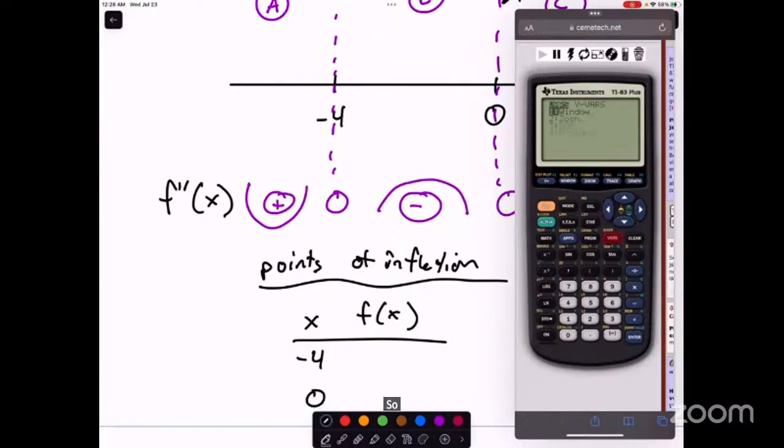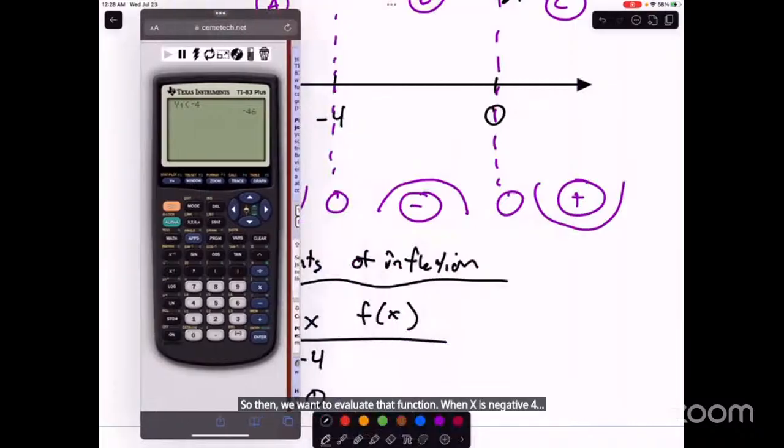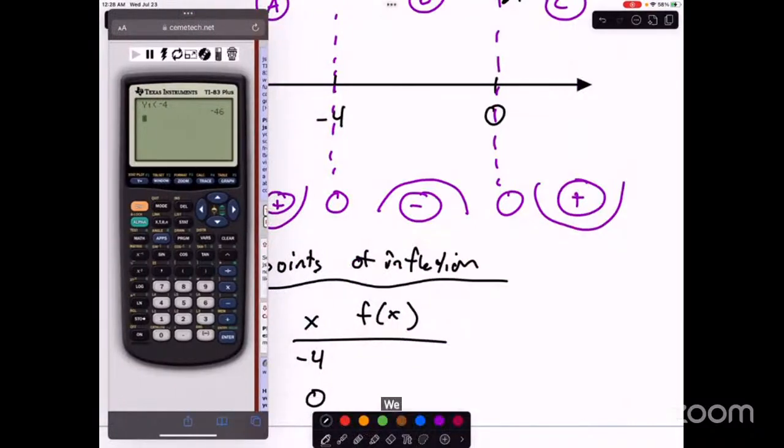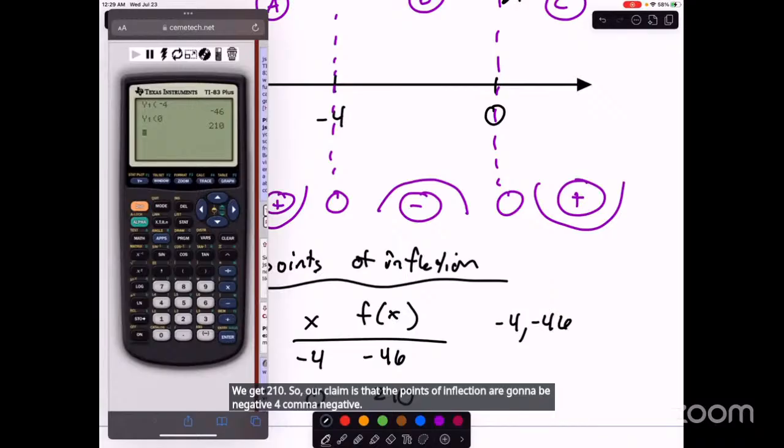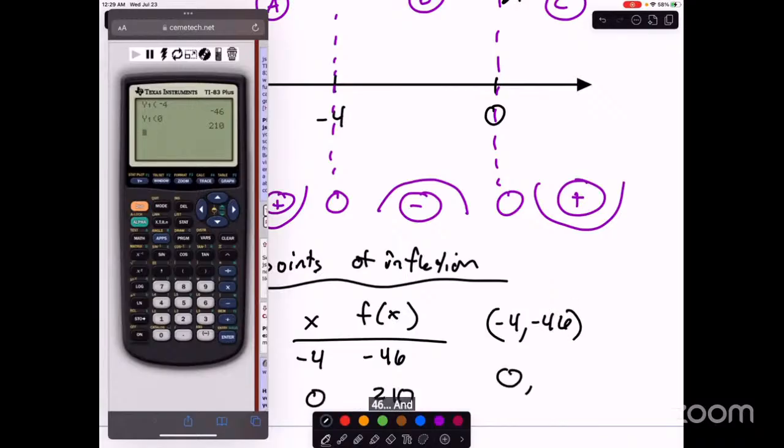So then we want to evaluate that function when x is -4. We get -46. And then when x is 0, we get 210. So our claim is that the points of inflection are going to be -4, -46, and 0, 210.